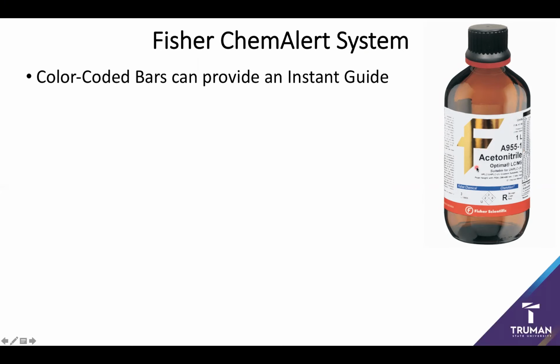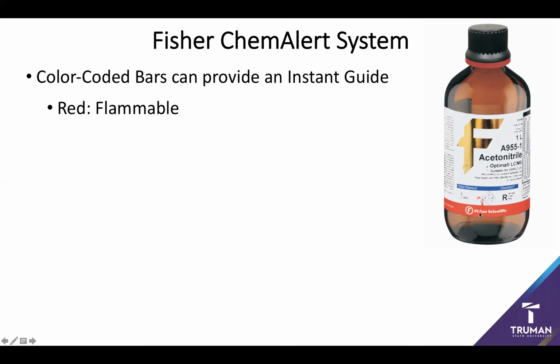So let's say I've got acetonitrile. Its primary hazard is going to be fire hazard, and you can see that with the NFPA diamond. But it also provides that information with a colored stripe at the bottom of the label and a colored ring below the cap.